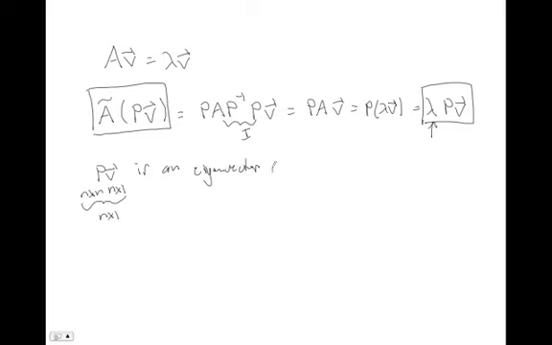PV is an eigenvector of A tilde if V is an eigenvector of A. So two similar matrices have the same eigenvalues as each other. They don't have the same eigenvectors, but their eigenvectors can easily be found relative to each other through the similarity transformation, which here we used as P.